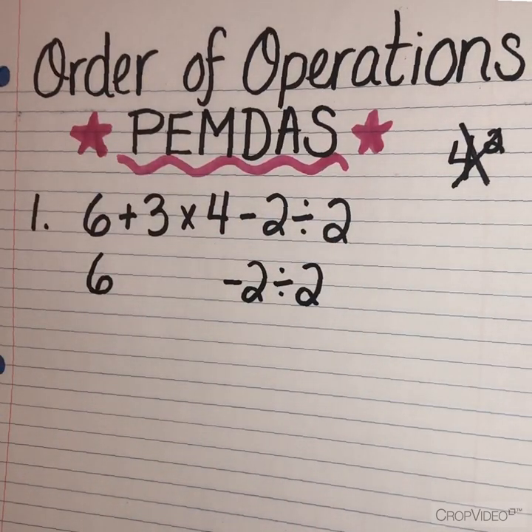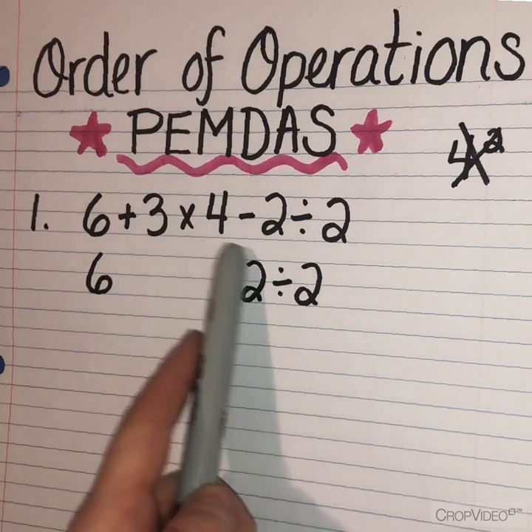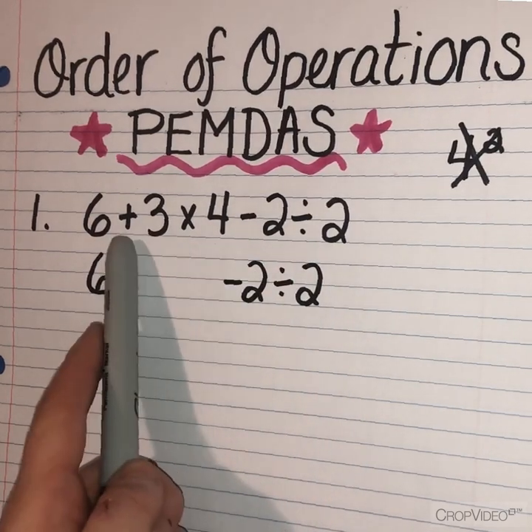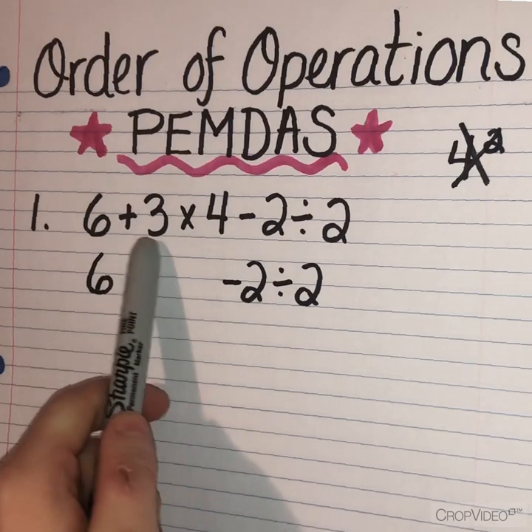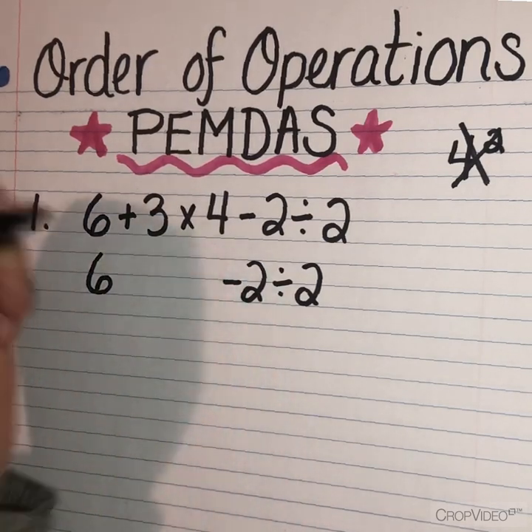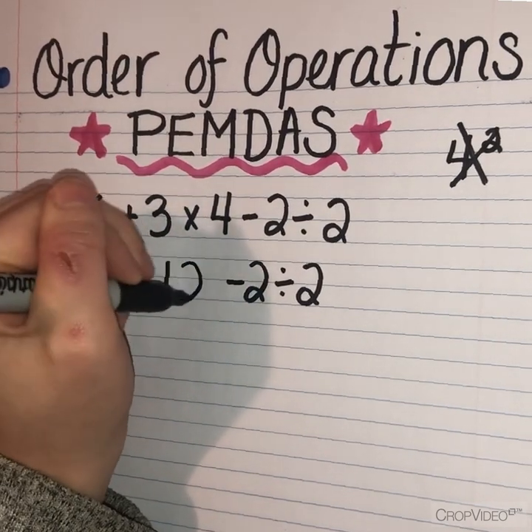This is just so we don't forget to write anything after we are done multiplying and we don't screw up our problem. Positive 3 times 4 gives us positive, don't forget to write your sign, 12.